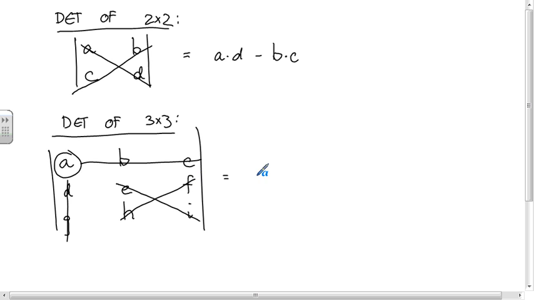So that's A times E I minus F H. And now you go to B, except you have to remember to subtract the second one. So this is going to be minus B times the quantity D I minus G F, yep.